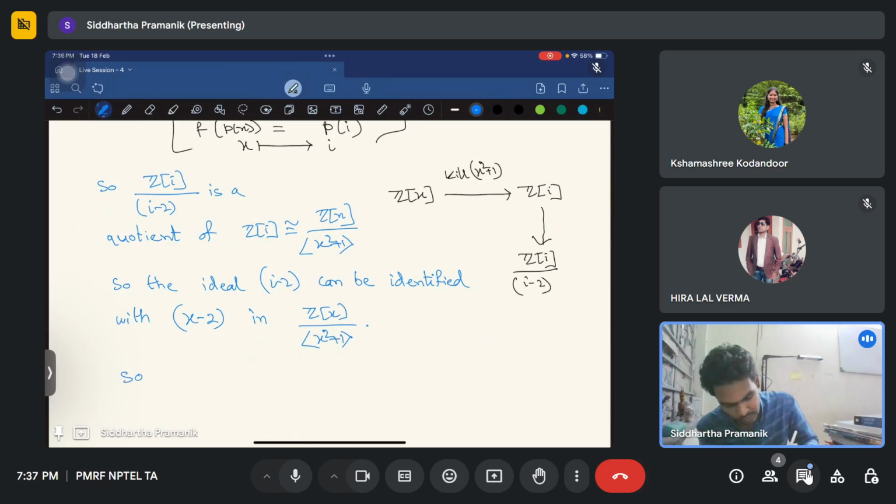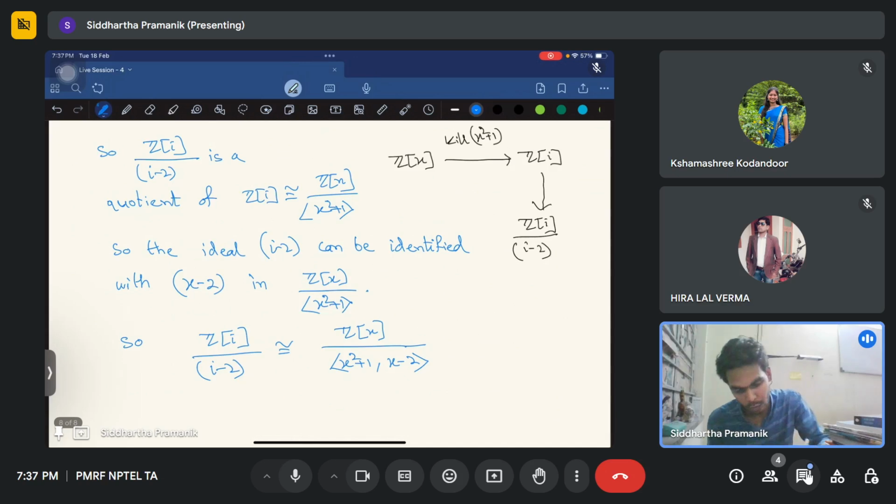So that means Z[i] mod (i − 2) is isomorphic with Z[x] mod (x² + 1, x − 2). So the ideal generated by these two elements.